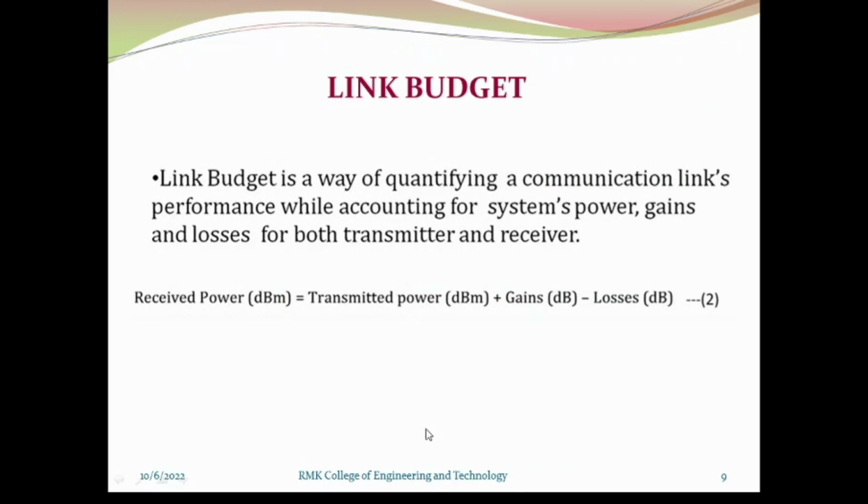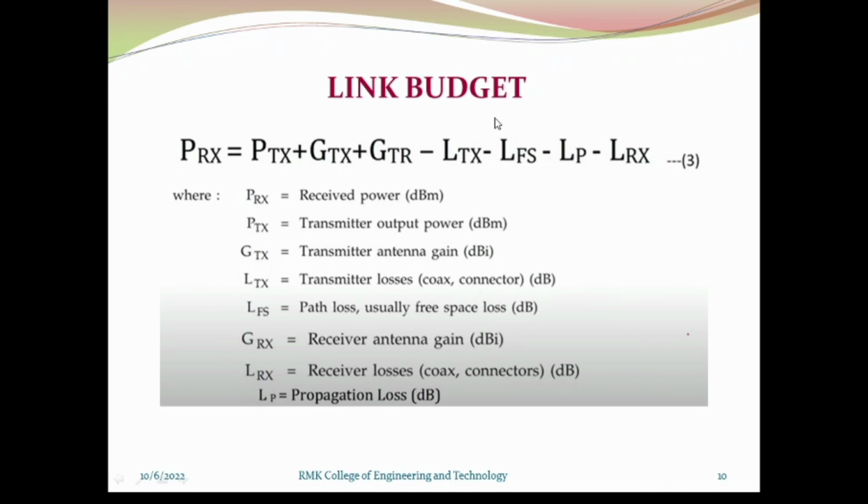So link budget is to estimate the received power with the help of transmitting power, gains and losses in between. That is called the link budget. So this is the formula for detailed calculation of the entire case, including the transmitting power, PTX, transmitting antenna gain, and receiver antenna gain.